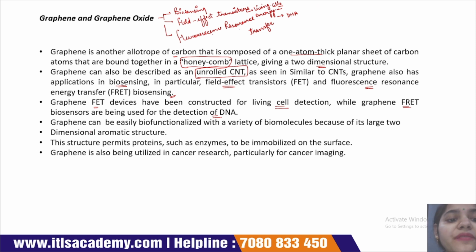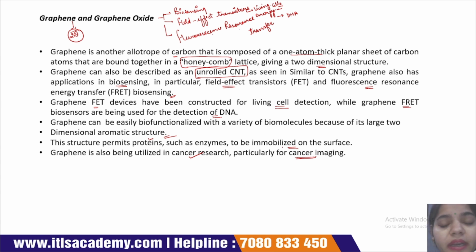Okay. Graphene can easily be biofunctionalized with a variety of biological molecules because of its large two-dimensional structure. Okay, graphene is basically a 2D structure. The structure permits proteins such as enzymes to be immobilized on the surface. Graphene is also utilized in cancer research, particularly for cancer imaging.